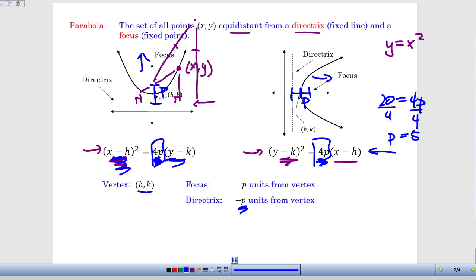Again, the focus is always on the inside of the curve of the parabola, and the directrix is always on the outside of the curve of the parabola. As with all these shapes, we've got lots of new terminology and features to find. In the next video, we'll take a look at a few graphing examples to see how all this fits together.